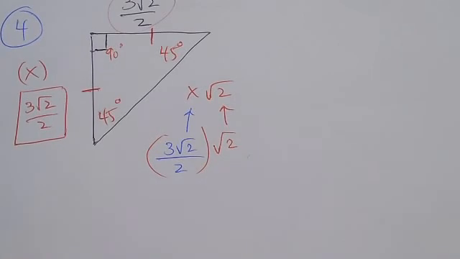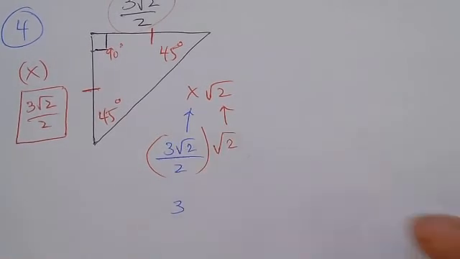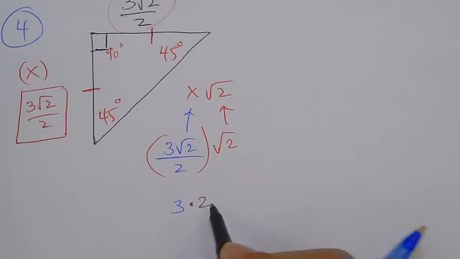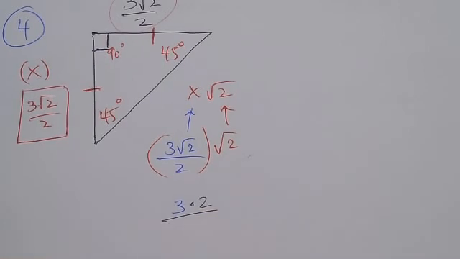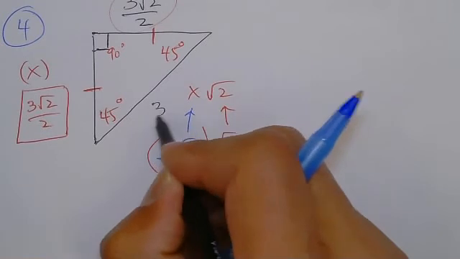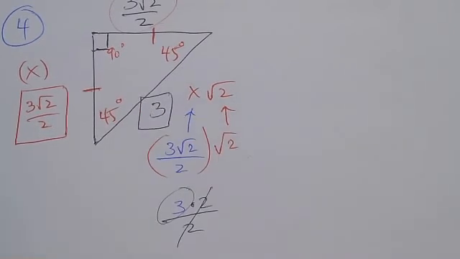To another root 2. Right, to this one. What happens when you multiply that? You're going to really see what? 3. And these 2 up here make it a whole number times 2 divided by 2. What happens to this 2 and this 2? They cancel out. What's the answer? This side measures 3.